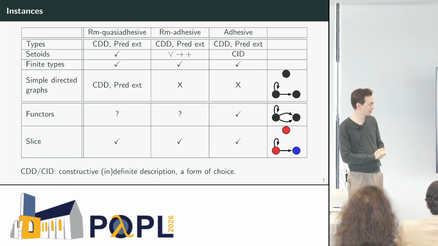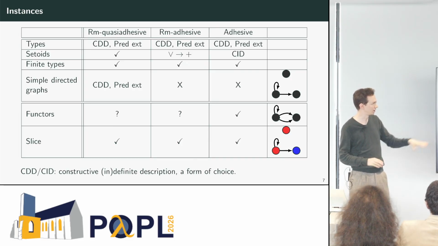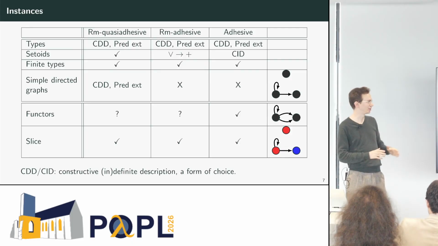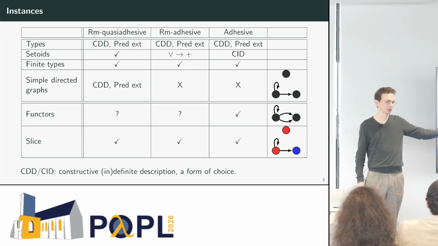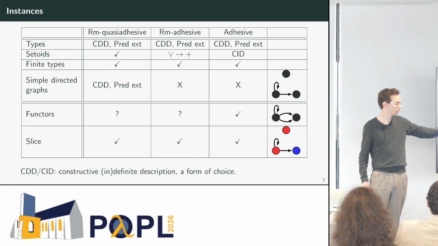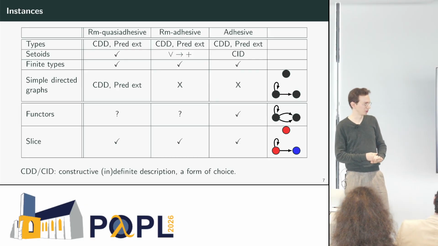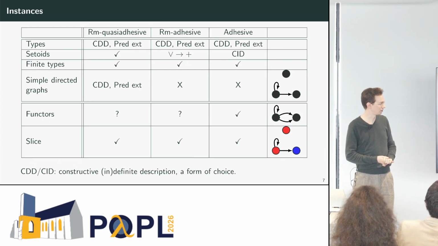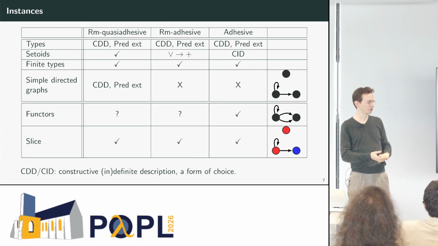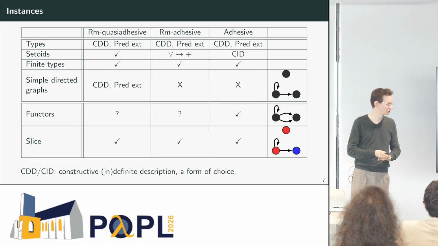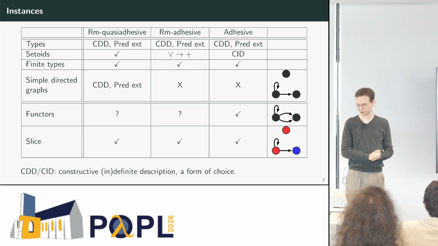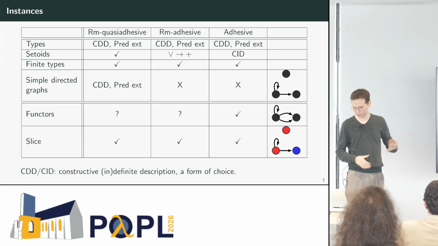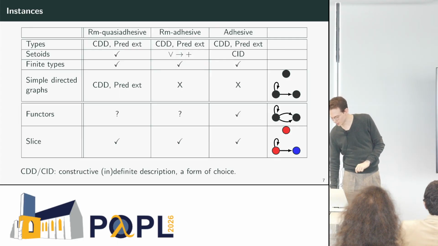And we also have slice categories, which are nicer, since they preserve adhesivity at each level. They allow us to do type graphs. If you choose the right object to slice on, then, for example, you can give colors to your graphs. This is not graph coloring here, but you can enforce a number of properties. And so these are the instances.